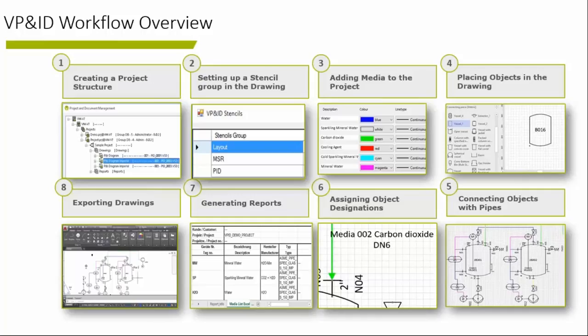Once the objects are placed, you can connect them with pipelines, and then you can assign or annotate those objects with designations. Once the P&ID is done, you can generate the deliverables in the form of reports and can extract the DWG AutoCAD drawing as well as PDF drawings. So this is the typical workflow overview of Visio P&ID Process Designer.